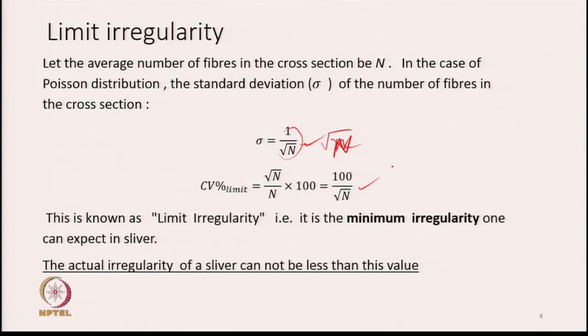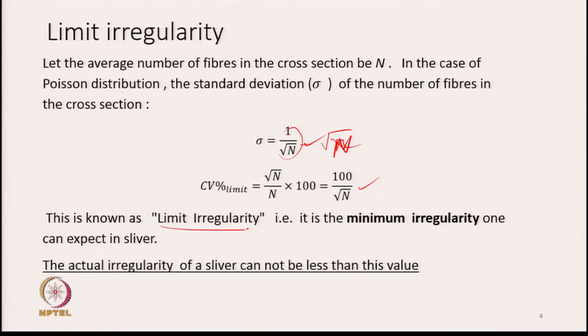That becomes the minimum irregularity in the number of fiber ends that we can expect in a sliver. This irregularity is minimum and therefore is also known as limit irregularity.